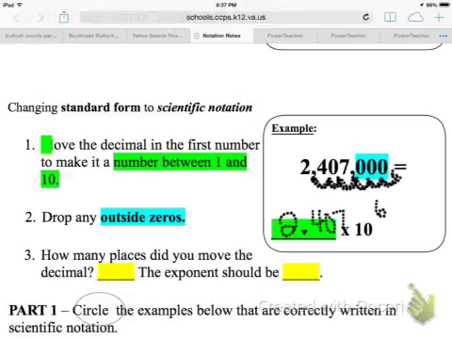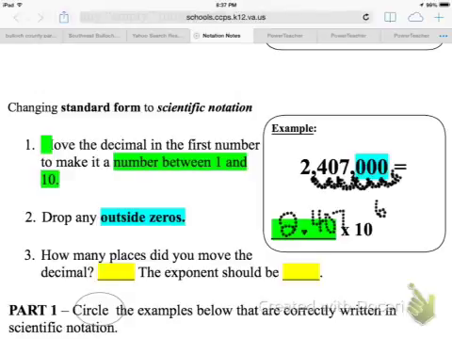But to determine positive or negative, I'm going to look at my number itself. Now, remember, we just discussed, not even a minute ago, that we look at the exponent to determine if it's going to be positive or negative. When I looked at the other examples, the exponents were all positive, and those numbers were all greater than 1 whole.